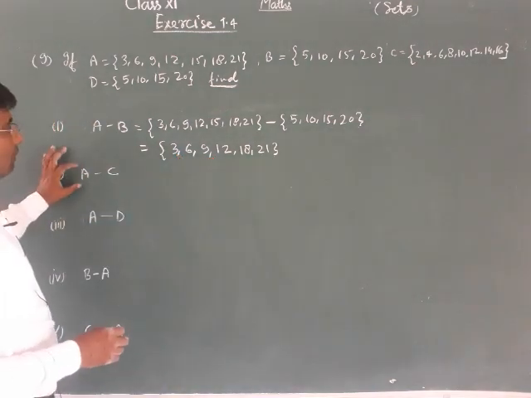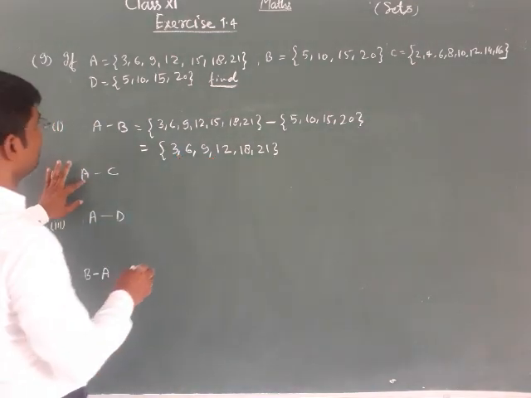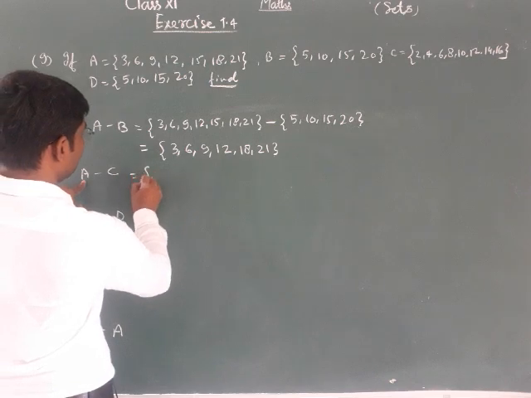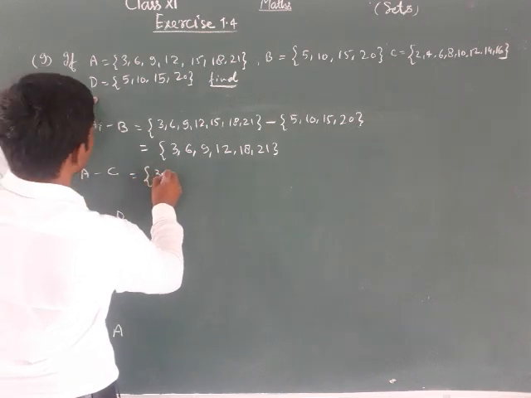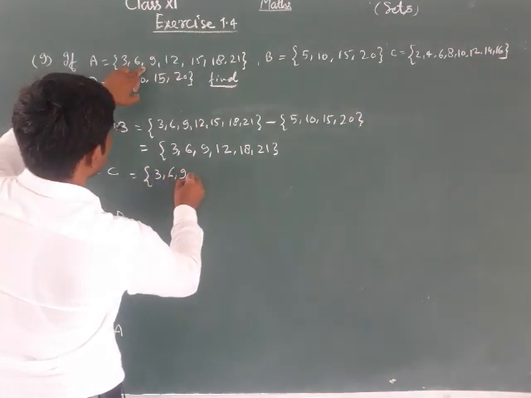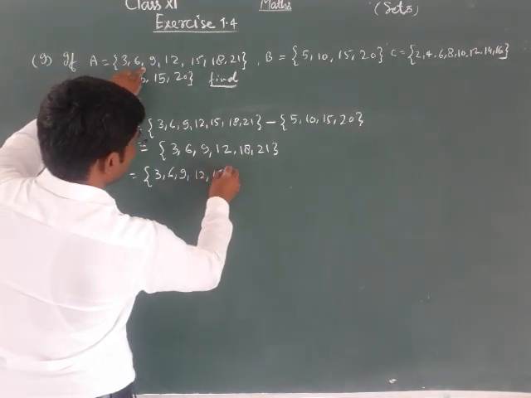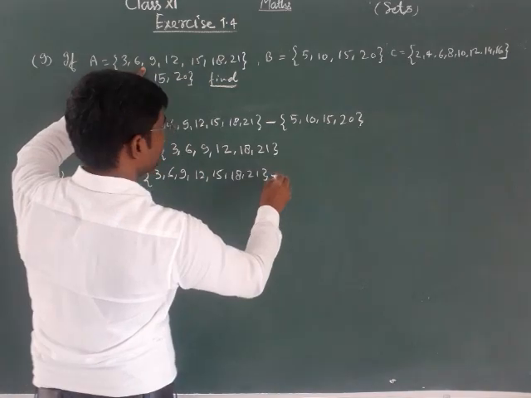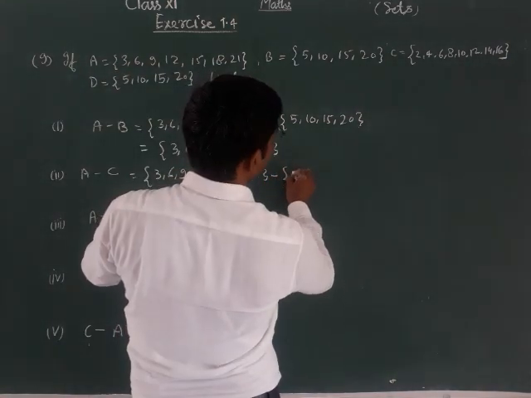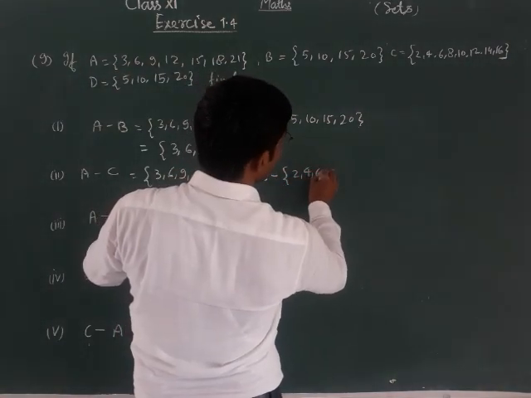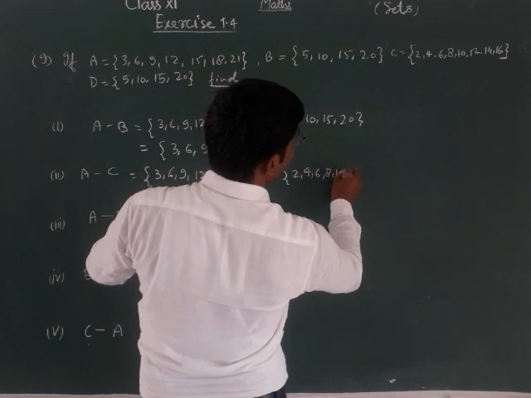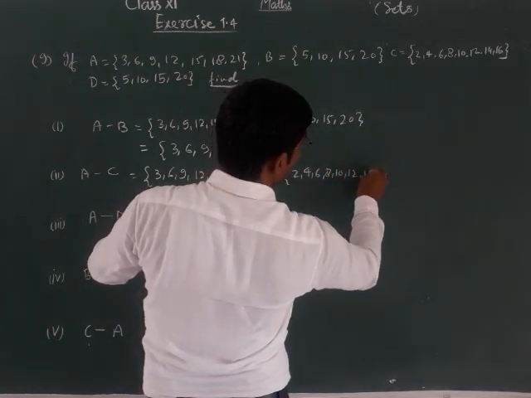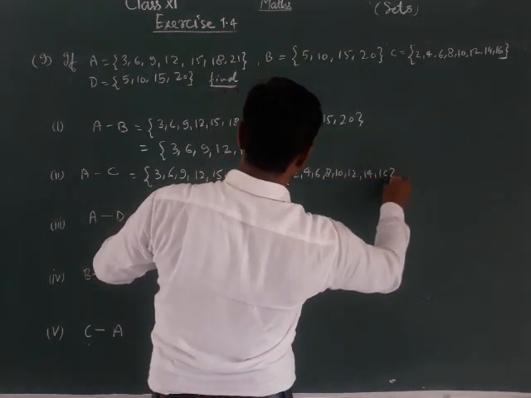And also A minus C. A has elements 3, 6, 9, 12, 15, 18, 21 and C has elements 2, 4, 6, 8, 10, 12, 14 and 16.